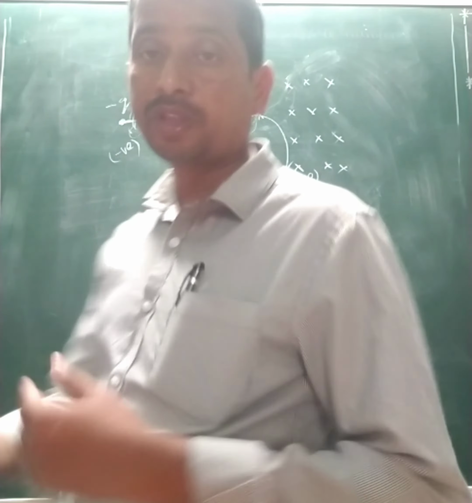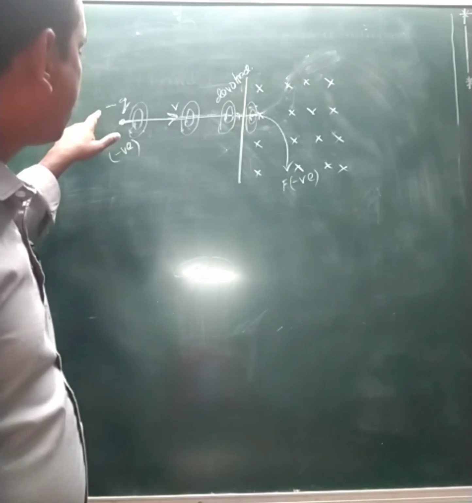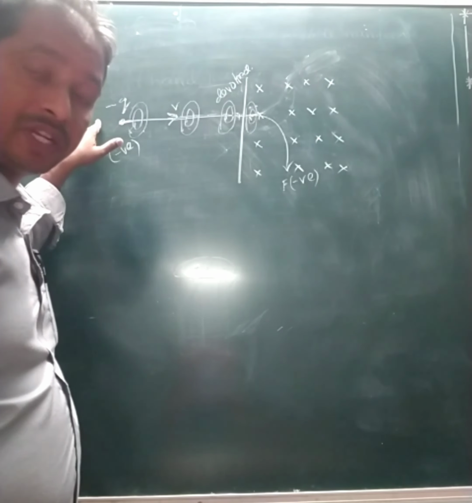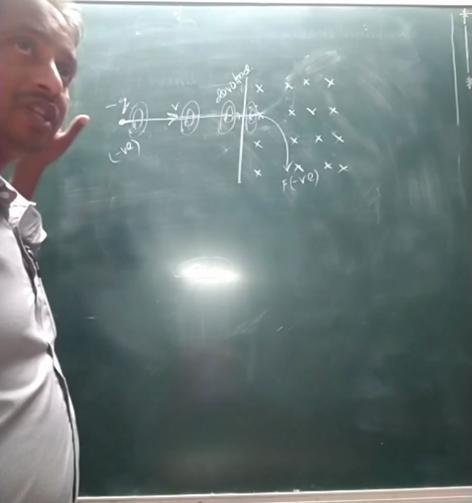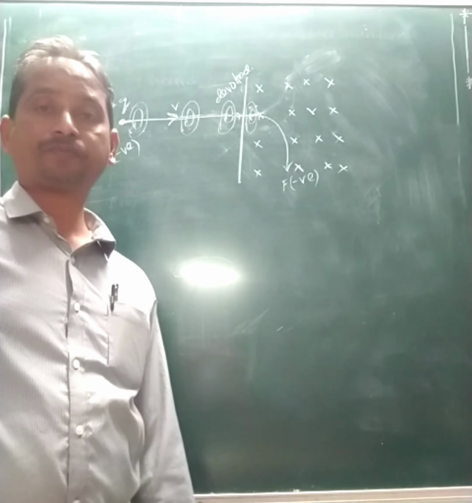So in this way they give a clue for this one. Why? Because sometimes they give an electron, sometimes they say the proton, sometimes the deuteron, and neutron also you have to say.